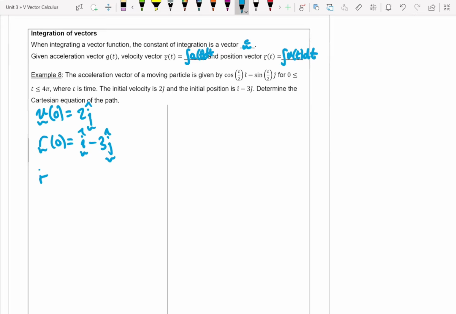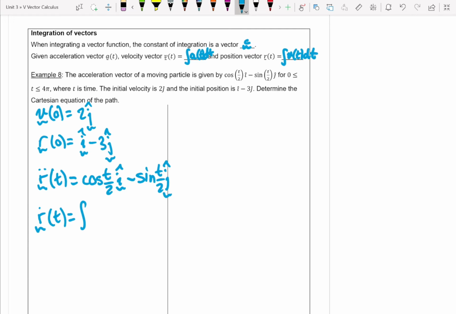So we're starting with acceleration, which, just a reminder, is the second derivative of position with respect to time. So that is cosine of t on 2 i, and then minus sine of t on 2 j. So r dot of t is equal to the integral of the x component minus the integral of the y component.